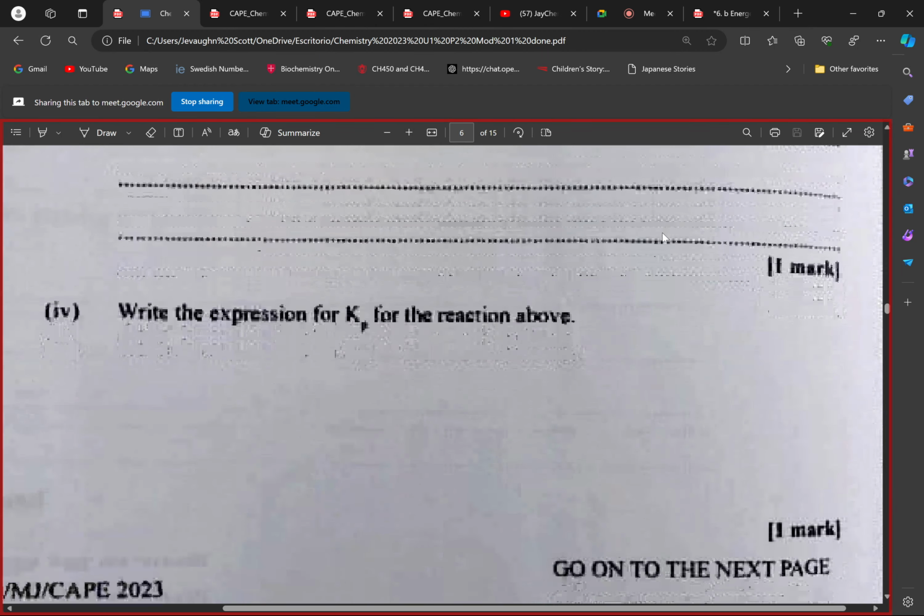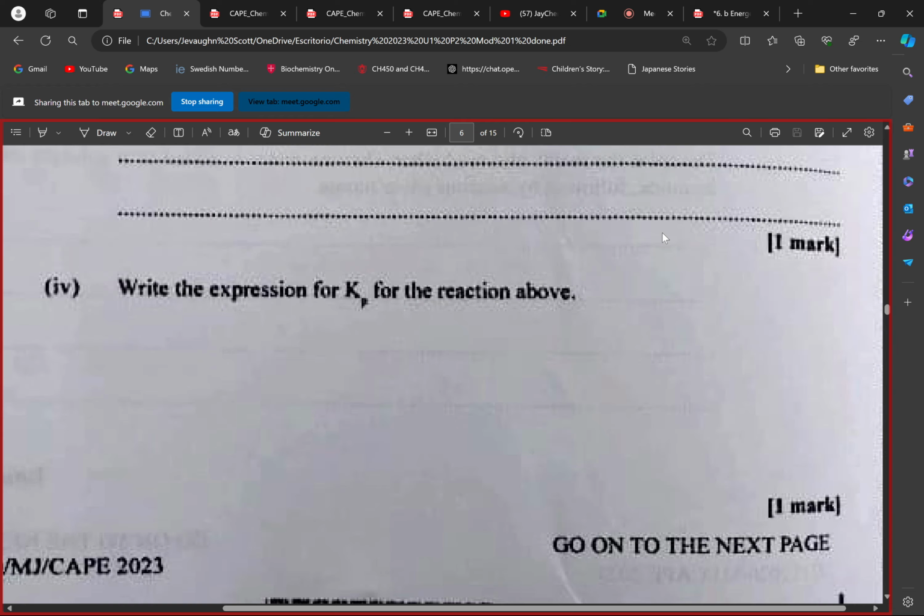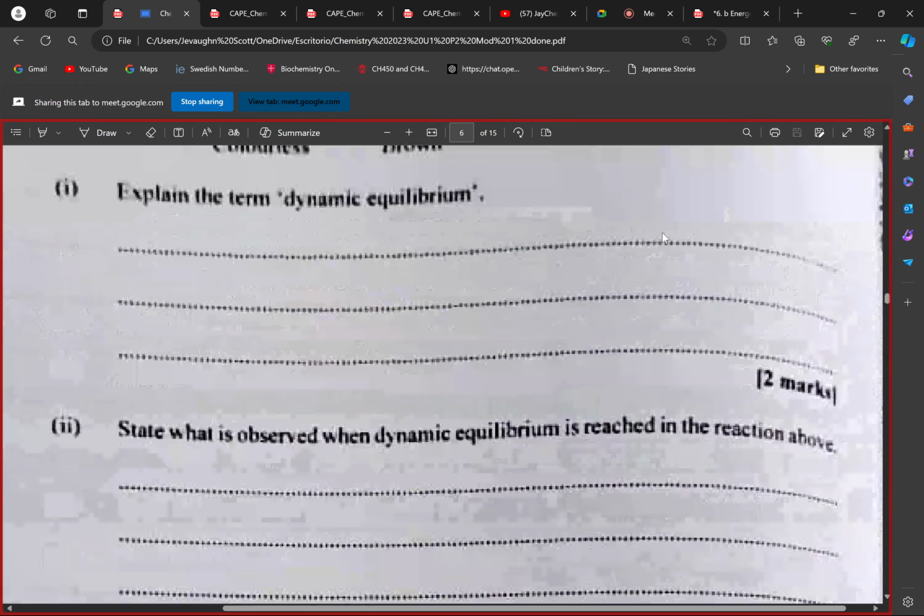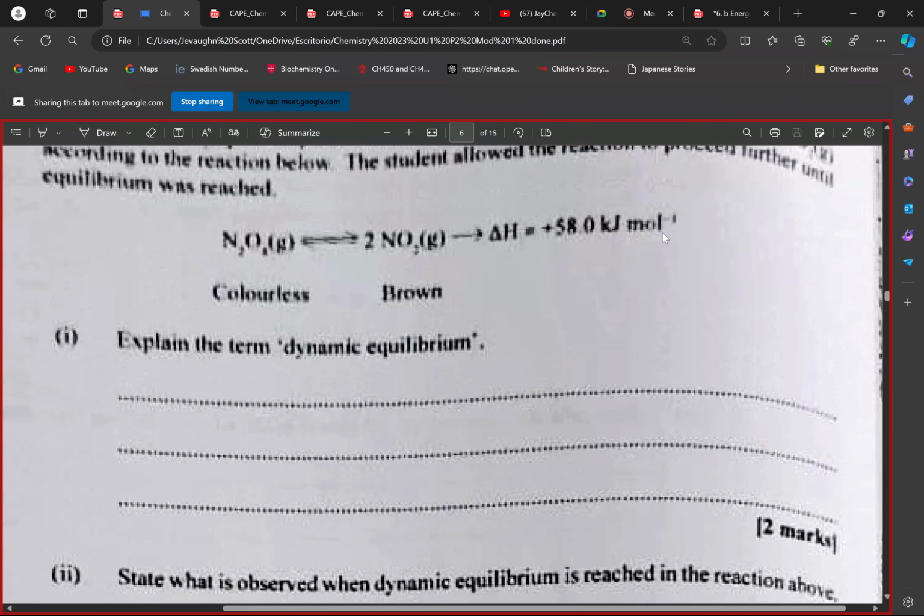Write the expression for Kp for the reaction above. What is the equation for Kp? I think it's products over reactants. All K's are products over reactants. Concentration. But it's still wrong though.